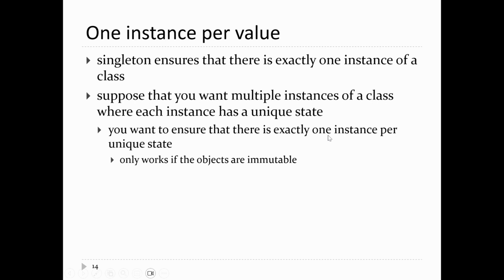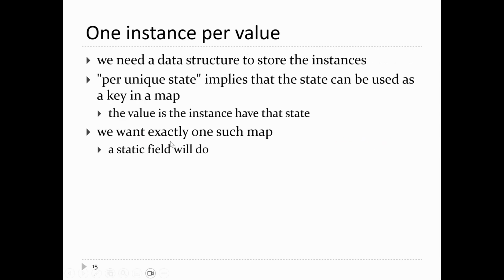I want to ensure there's exactly one instance per unique state. That per unique state sort of suggests that you can use the state as a key in a map. In other words, I can look up an object using its state.